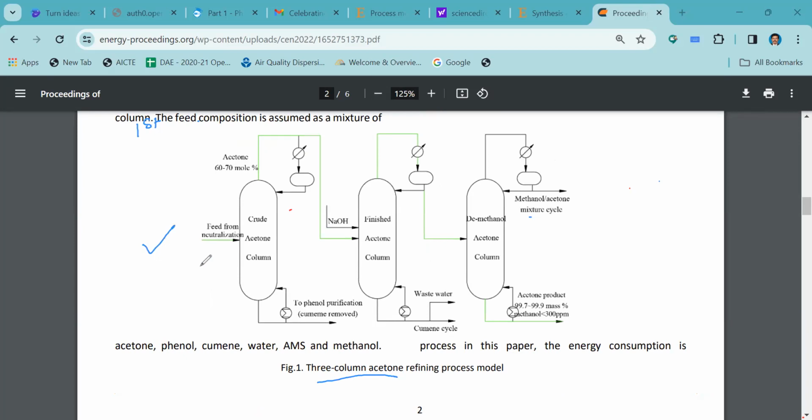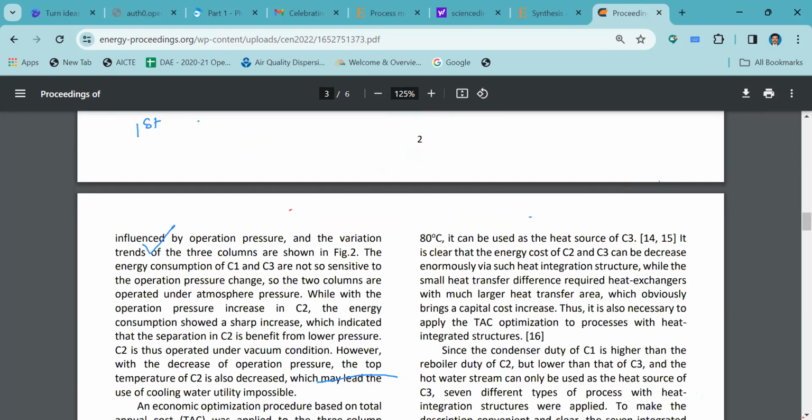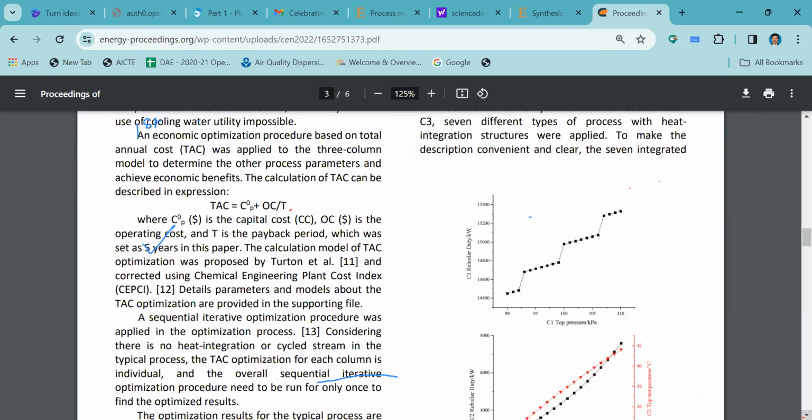This is number one. By looking at this particular schematic, we will be in a position to understand in a concise manner. Okay, let us go to the second diagram.